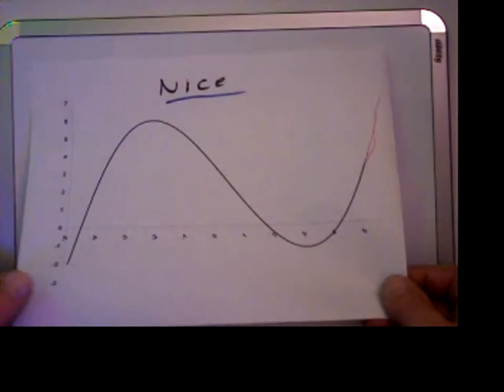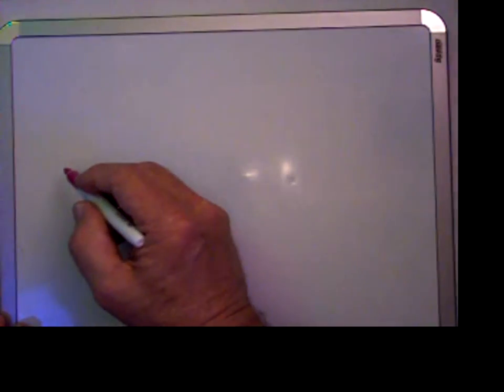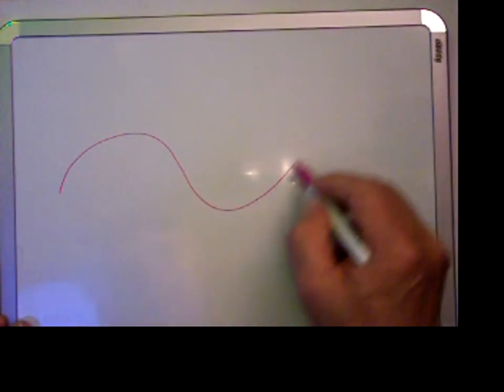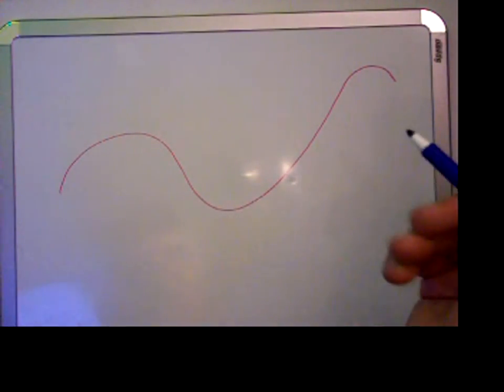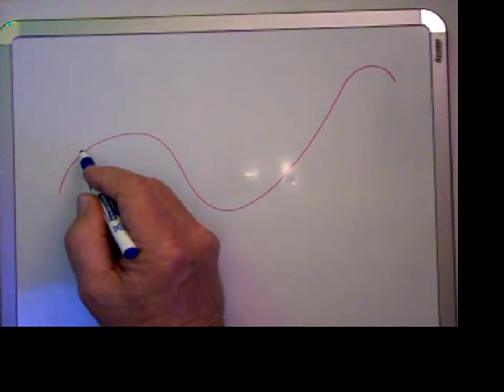Okay, let's put our nice function to the side here, up on the floor. Let's draw another function. No idea what that is. It looks like a squiggly. Let's say you want to find the derivative near, let's pick a point. How about this point here?